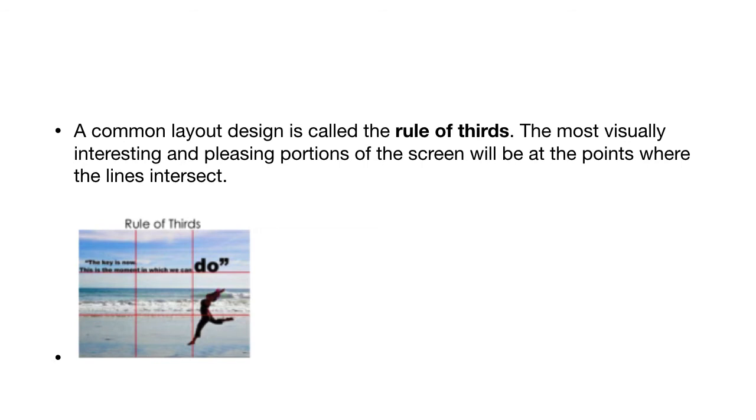Okay, as you can see in this picture, the most visually interesting and pleasing portions of the screen will be at the points where the lines intersect right here. Okay, so this is the best part where you should put your information or your picture, as you can see in the sample of the rule of thirds. Okay, please consider this point when you design your layout.